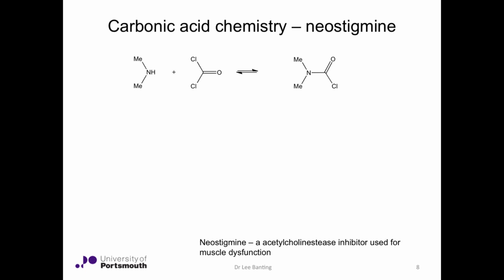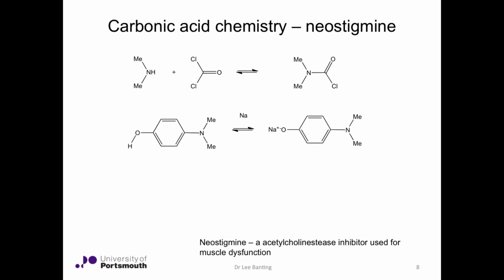elaborated, made more complicated. We're going to do that by reacting with an aromatic alcohol. Now, phenols at the oxygen are not particularly nucleophilic. This nitrogen is not particularly nucleophilic because of the effect of the aromatic ring on these lone pairs of electrons.